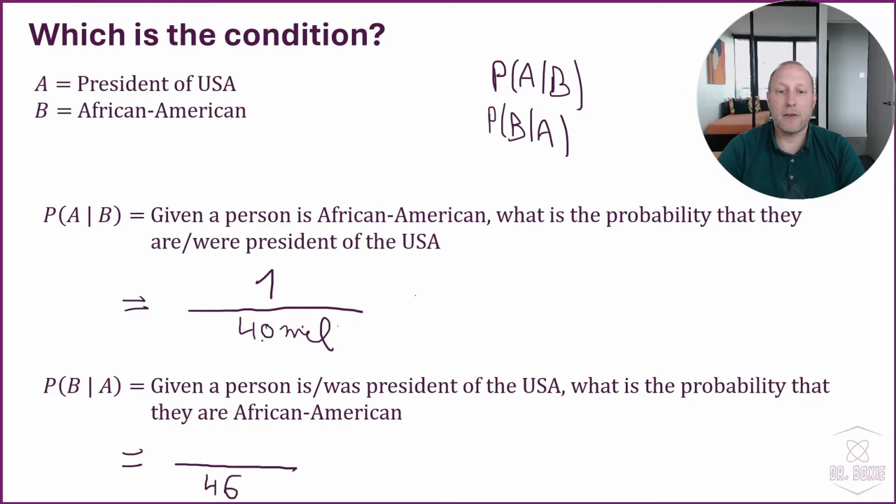And how many of those are or have been African American? The answer is 1. So as you see, in general, those two are completely different numbers, and you need to make sure you know which is the condition and which is the one that you actually want the probability of.